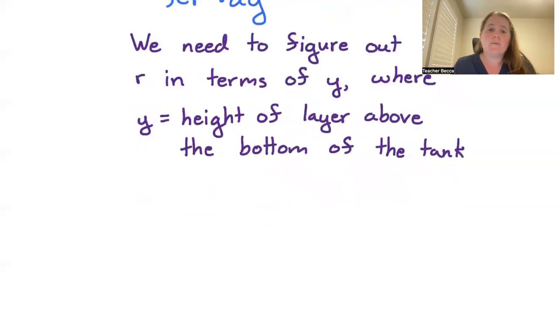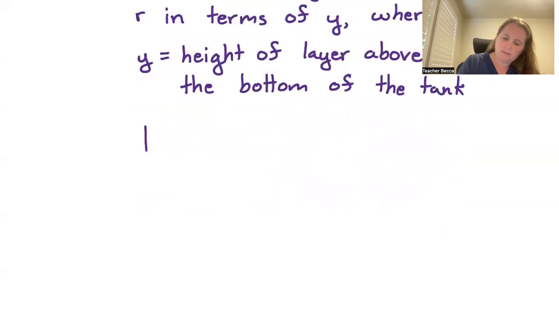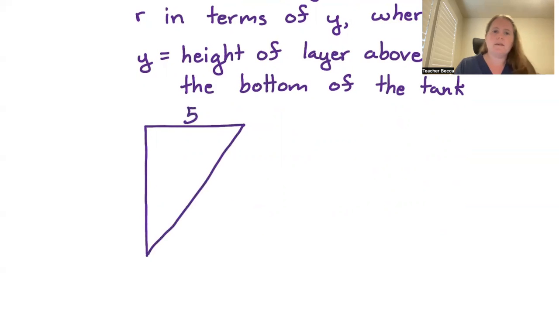We actually are going to be able to apply similar triangles here. Our large triangle has a short base of 5 and a long base of 10. And then inside that, we have a smaller triangle that has a long base of y and a short base of r.